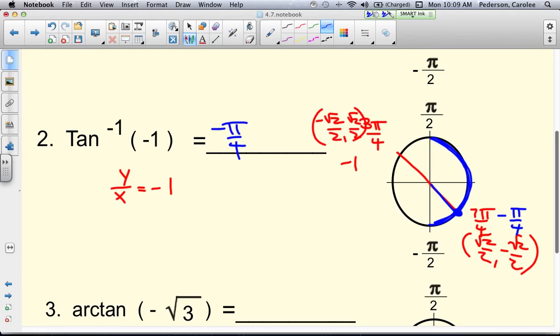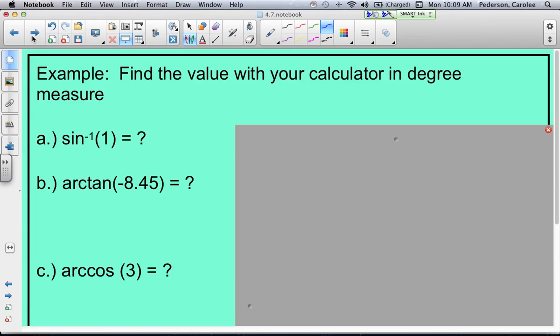All right. You can go ahead and take your calculators out. This will be our last thing. Part of your homework today is to not just use the unit circle, but to use your calculator. And we're going to ask you just to have the calculator now in degree mode.